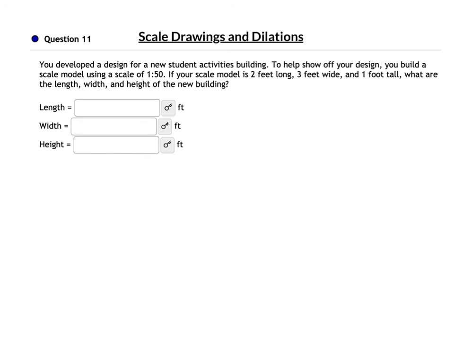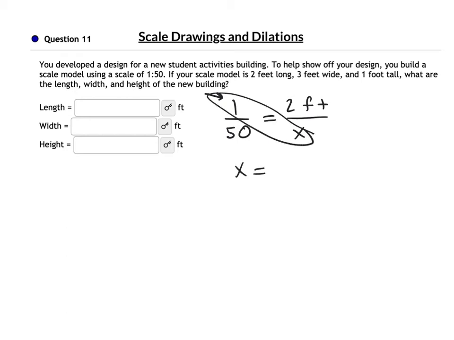In question 50, the scale is 1 to 50. Notice they don't give a unit. This is an actual scale factor. I know the model is going to correspond with the 1, is 2 feet long. I can put my x below and solve. Now notice something here. It's x times 1 equals 2 times 50.